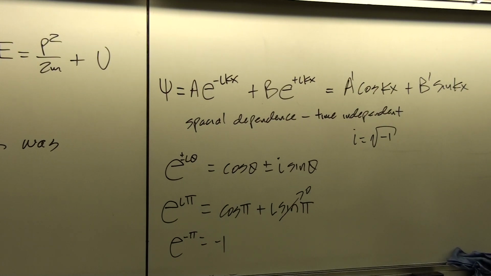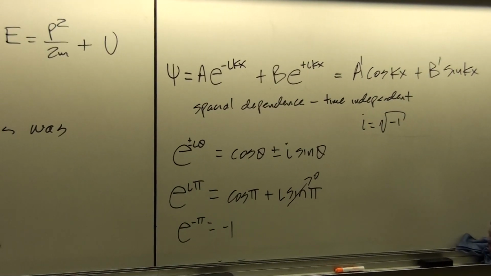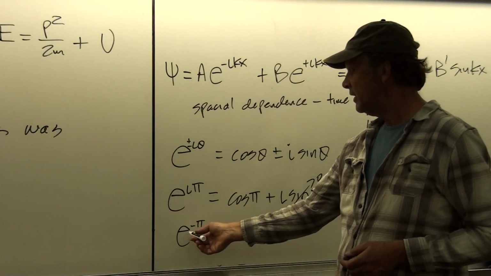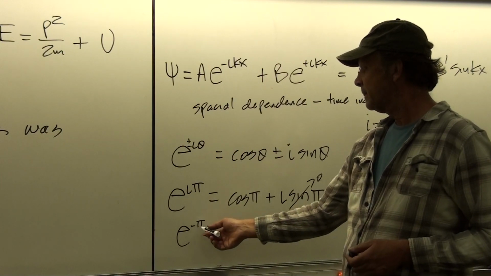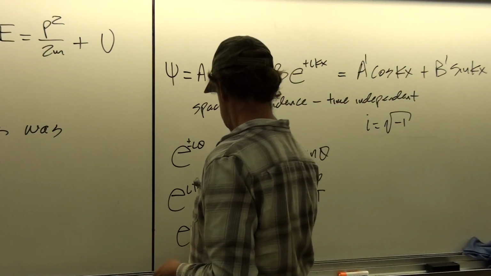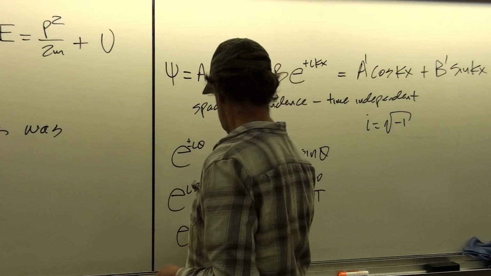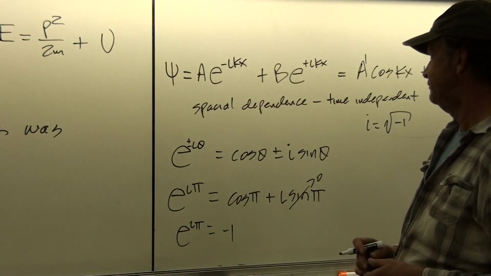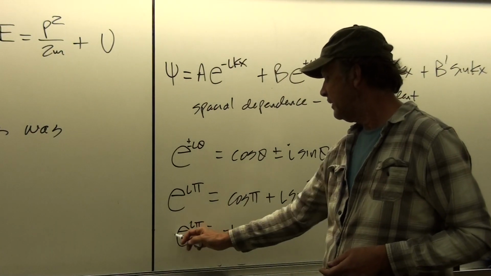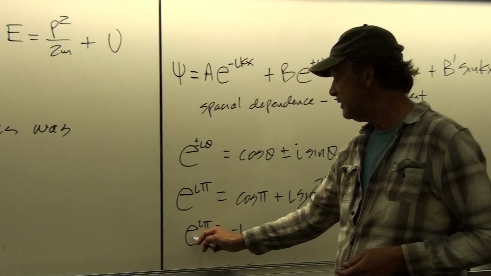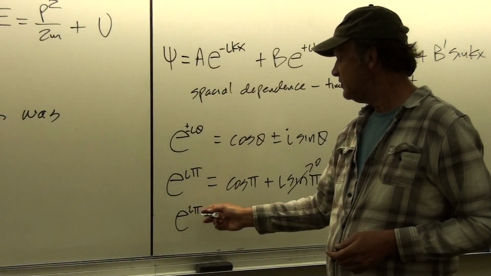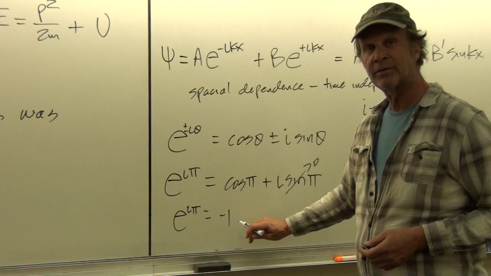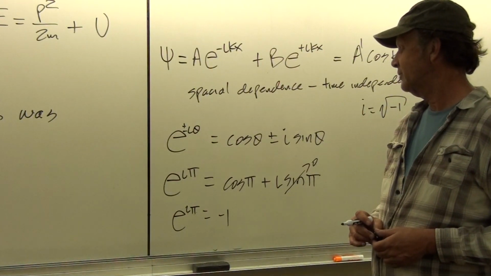This is one of the strangest results, I think, in mathematics. So you have an irrational number, e, raised to an imaginary irrational power, which is equal to an integer. That is so weird.